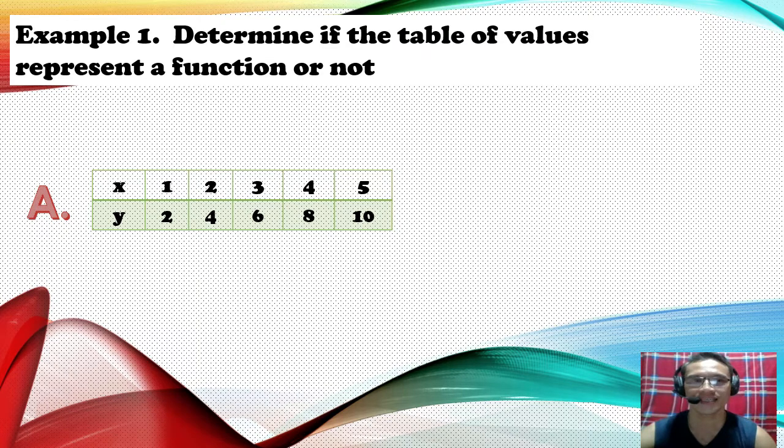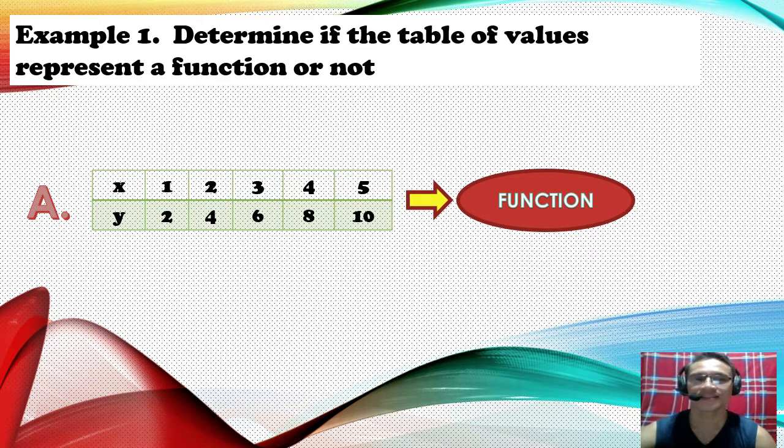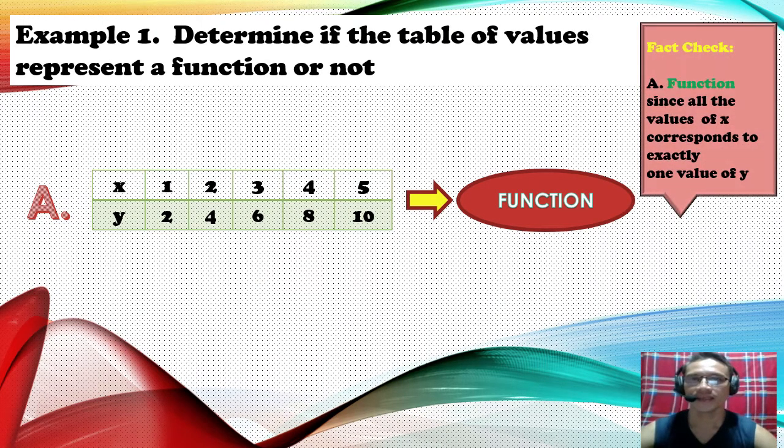So as you can see, there are no elements in x which correspond to more than one element in the y. So in that case, the table of values represents a function, since all the values of x correspond to exactly one value of y.